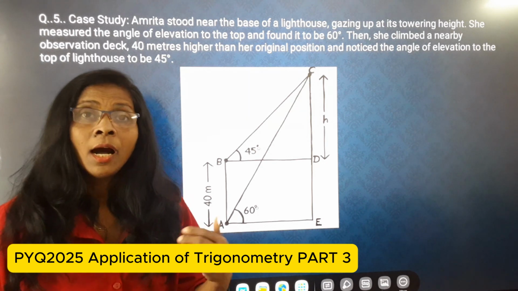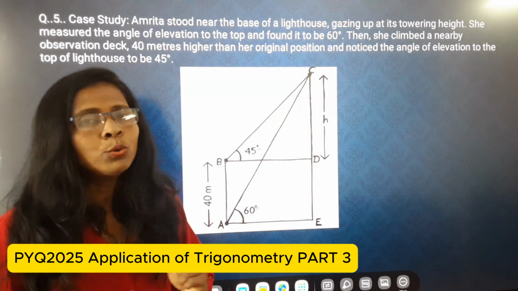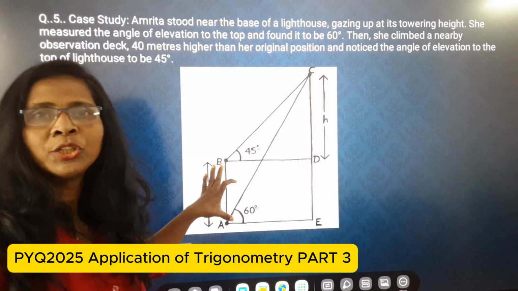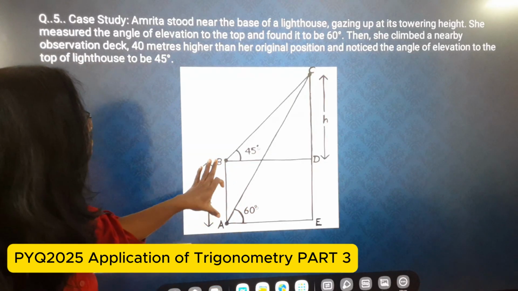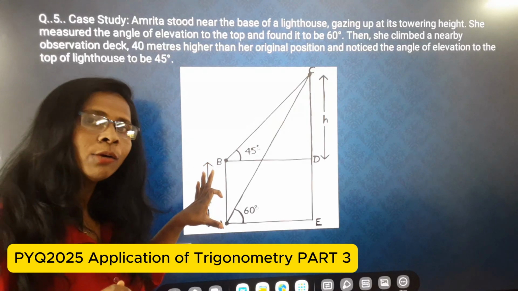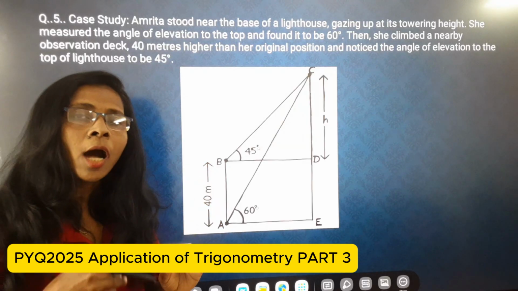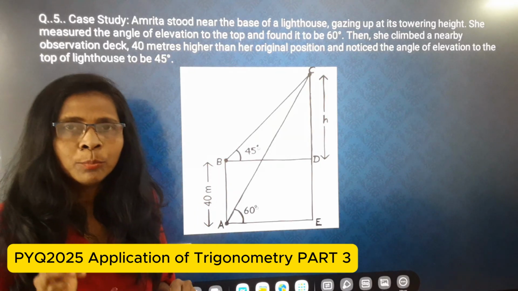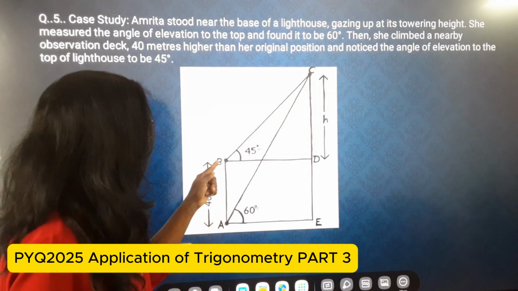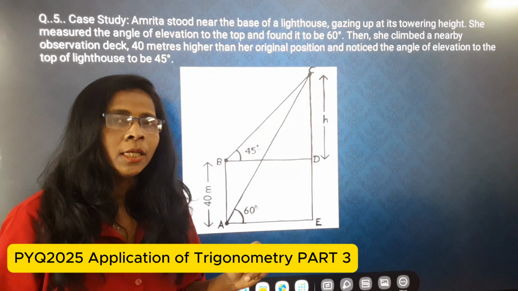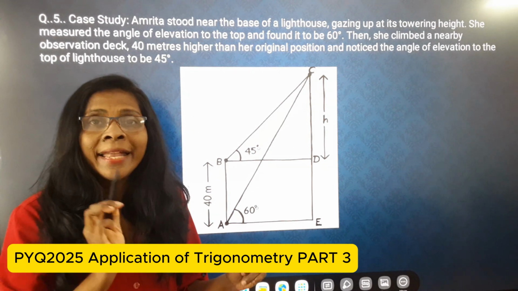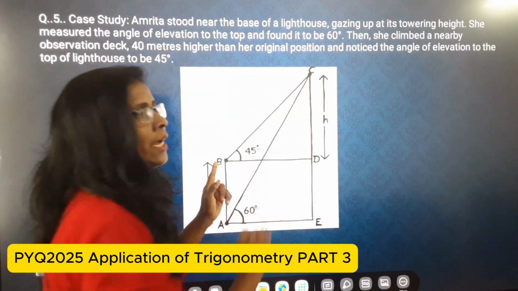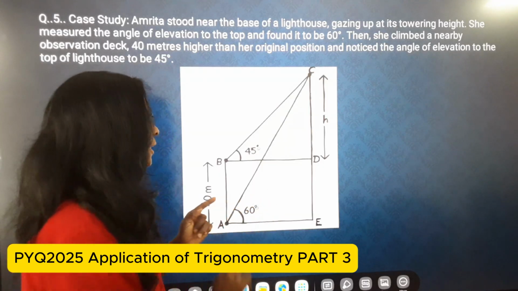Afterwards, Amruta stood on the observation deck, which is of height 40 meters. Then Amruta's position becomes point B. From that point, Amruta observed again the top of the lighthouse, from B to C, making an angle of 45 degrees.